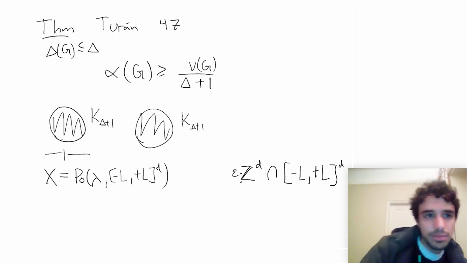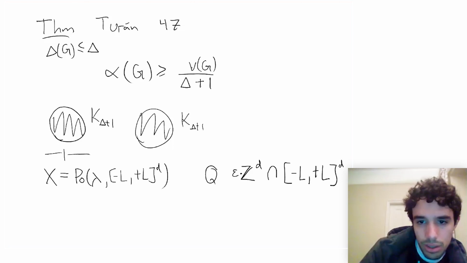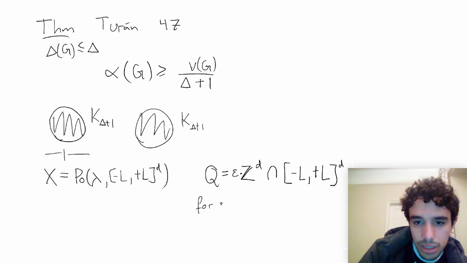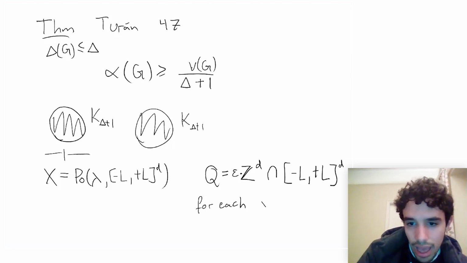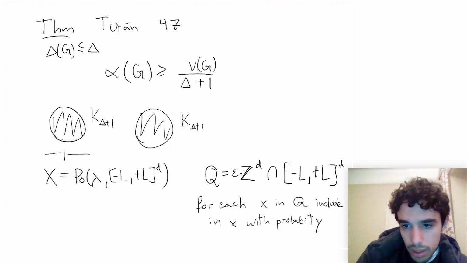Let's call this Q. Now, for each x in Q, include x in X with probability... it has to be the correct probability. I think it's like epsilon.